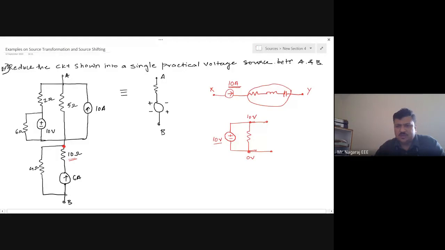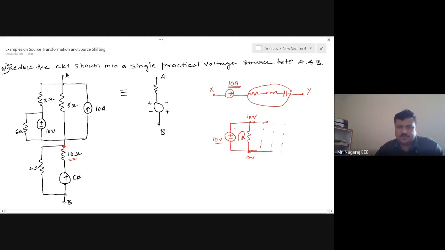So anything I connect now in parallel to this 10 volts doesn't have any effect because there is no current flowing in this path. All the current will flow beyond this path only, if you see practically, because the potential difference here is 0.